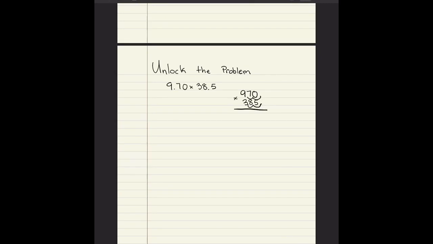Now I need to multiply this. So I'm just going to go through and do this multiplication.